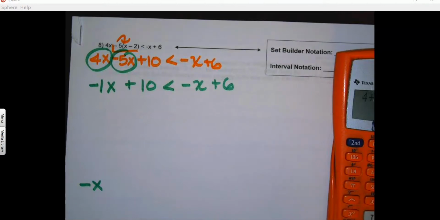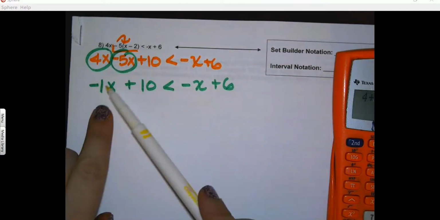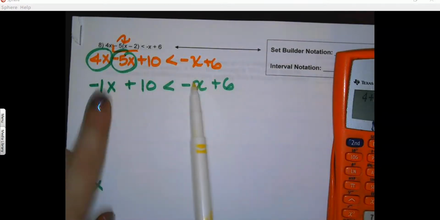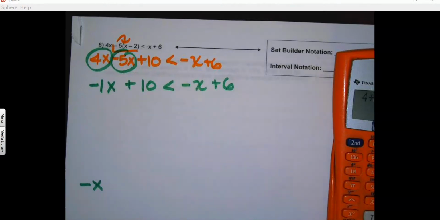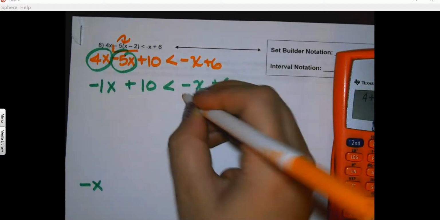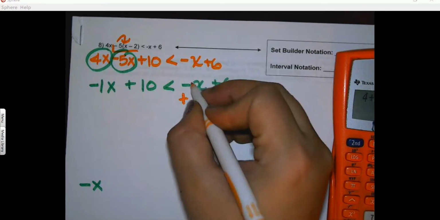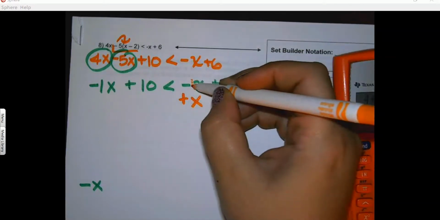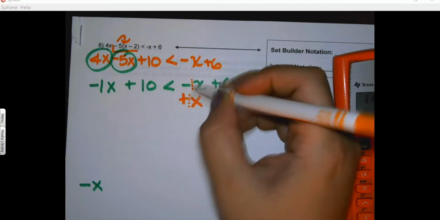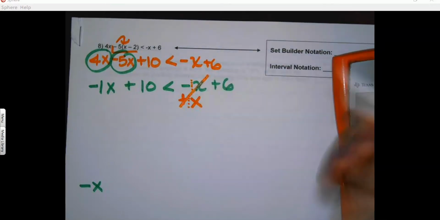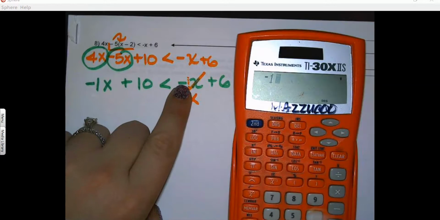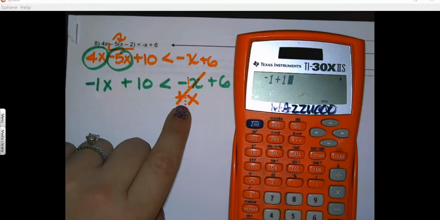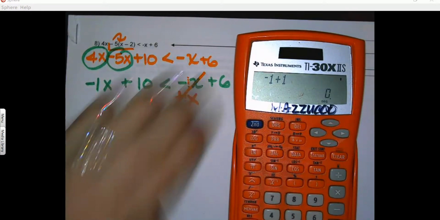Okay, now I want to highlight the variable, but there's a problem. There's an x on both sides. You can't have that. So I'm going to go ahead and add x to both sides, because if I have a -1x and a +1x, this makes 0x. So again, -1x plus 1x, that's why it gets crossed out. It makes 0.